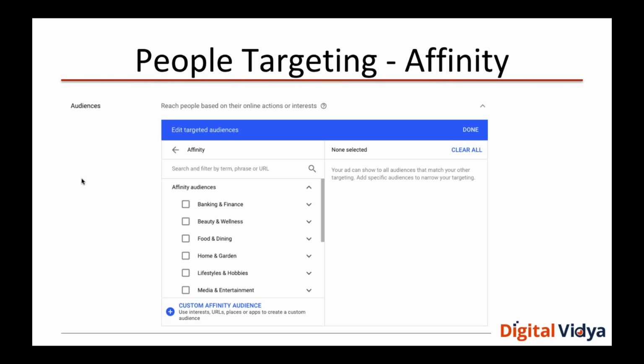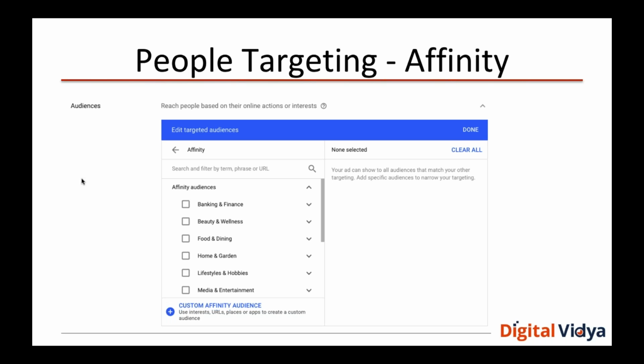Google may classify you under the interest category of food and dining. Now, if that happens, whether you are reading a newspaper article or you're on some other gaming website, you can still potentially see an ad related to food and dining, or my ad if I'm targeting food and dining as my interest category. So whether you see the ad is not dependent upon whether you're on a website related to food and dining. It is based on whether you have that interest.